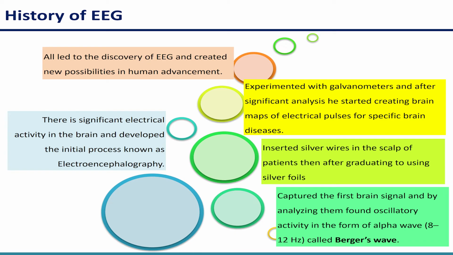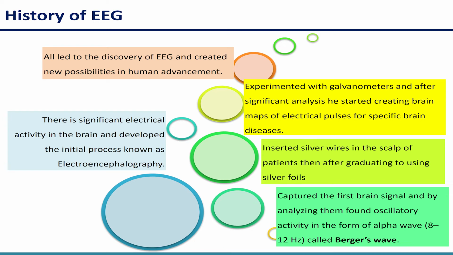Now the history of EEG: there is significant electrical activity in the brain, and this developed into the initial process known as electroencephalography.